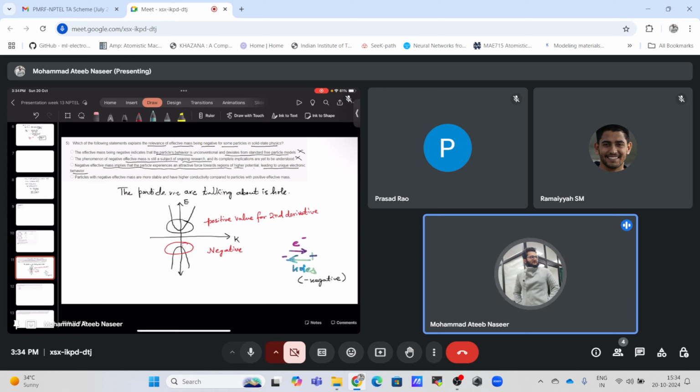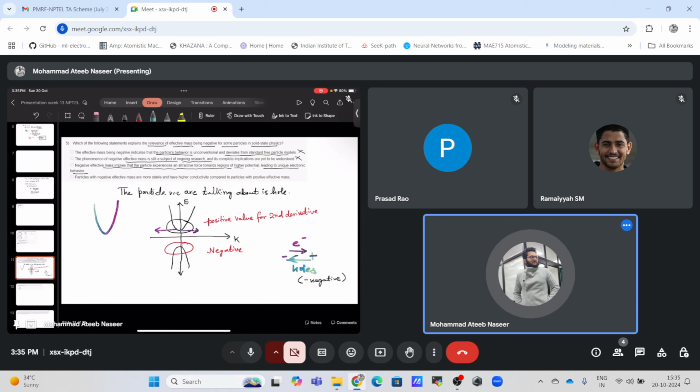I drew this energy band structure asymmetric because the effective mass can be anisotropic. By anisotropic I mean that in this direction we have one kind of curvature, and in this direction we have another kind of curvature. You can clearly see I have drawn this curve like this: this is more steep and this is less steep.